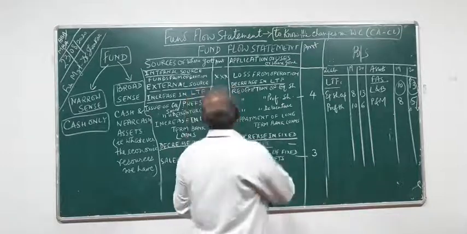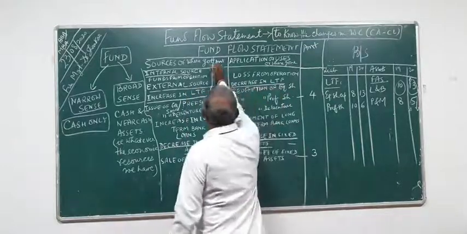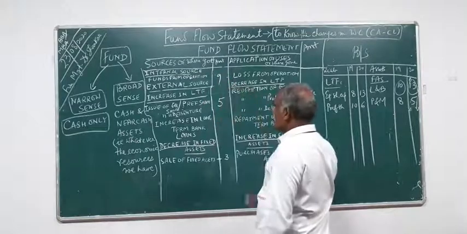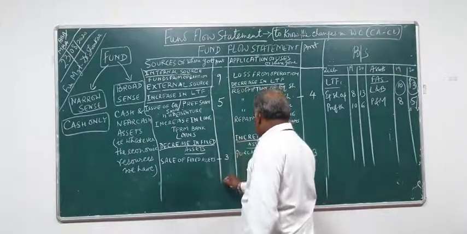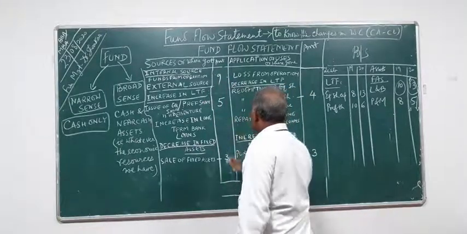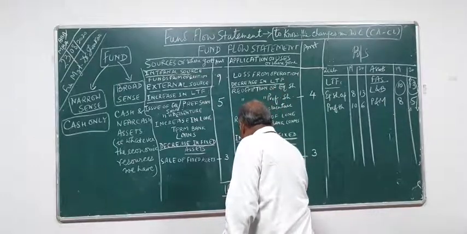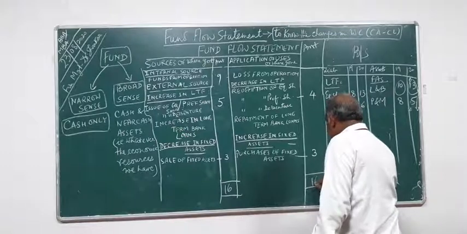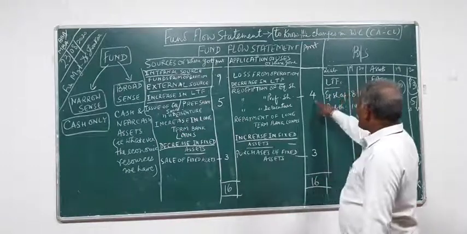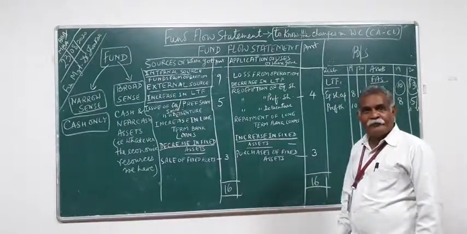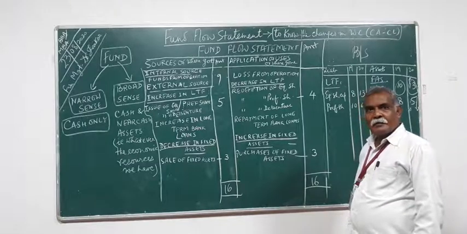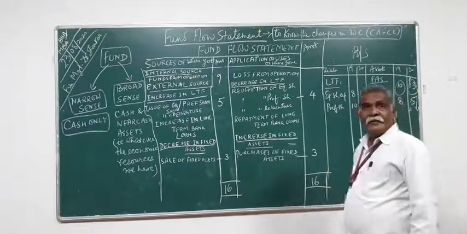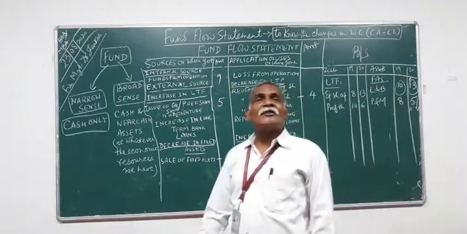Now suppose funds from operations is 9 rupees, and suppose the total is 16. Suppose this also is 16. But this is your 4 plus 3, 7. So the balancing figure of the fund flow statement is what?